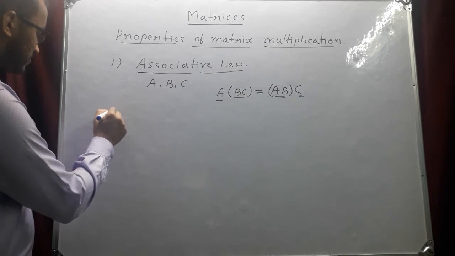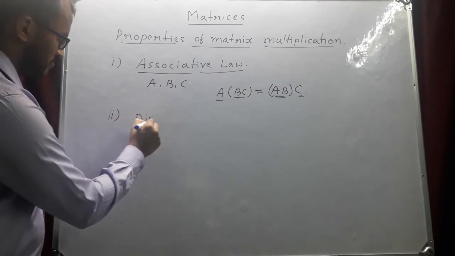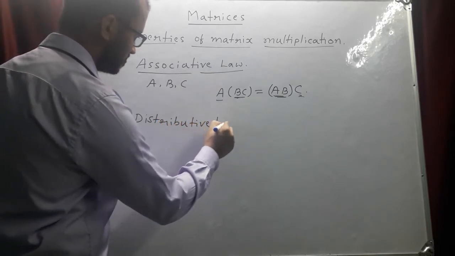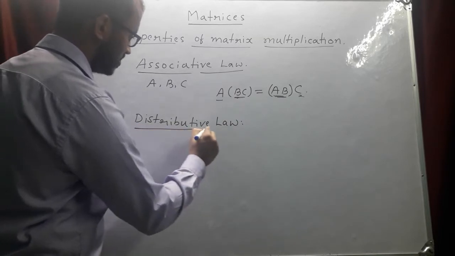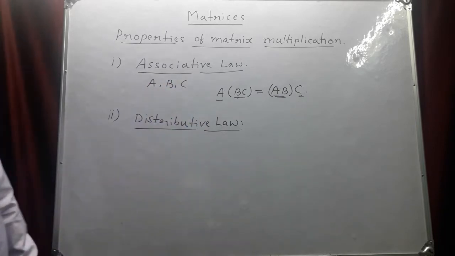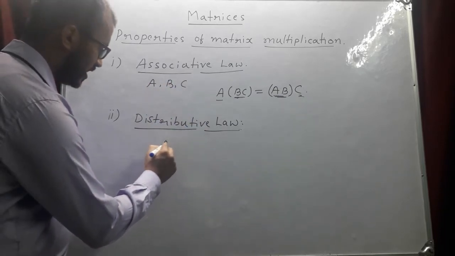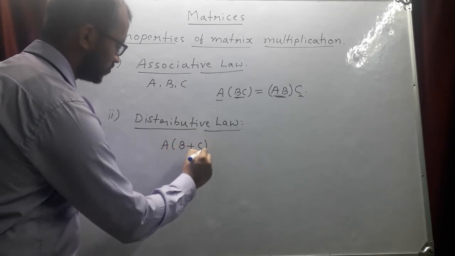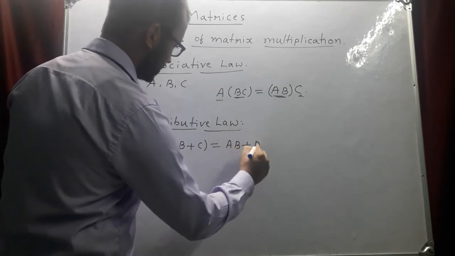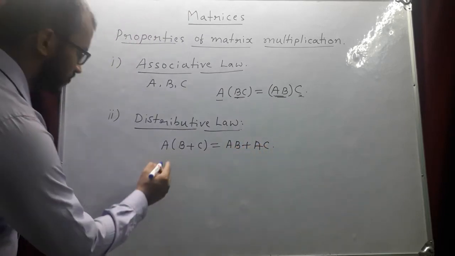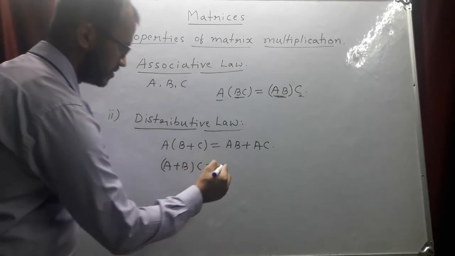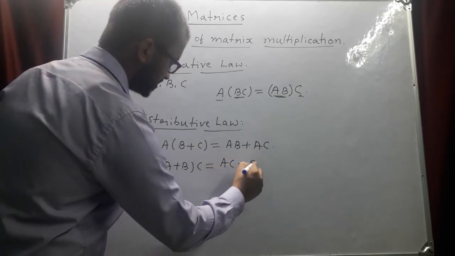Second one, distributive law. Here also, for any three matrices A, B and C, A into B plus C is equal to AB plus AC, and also A plus B into C is equal to AC plus BC.